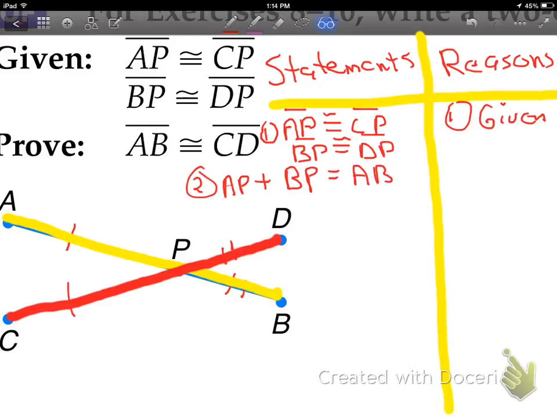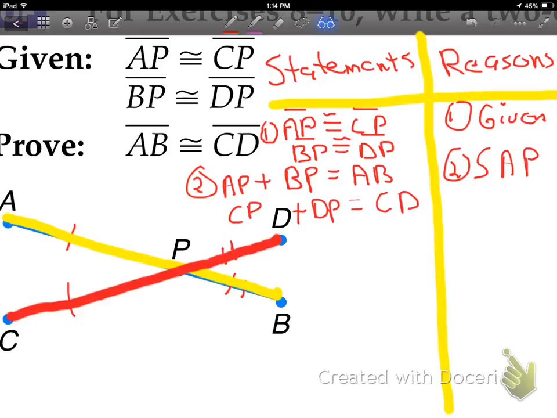We can also make the same statement for the red segment, CD, that CP plus DP equals the whole deal, which is CD. Now, both of those are made by using the segment addition postulate.